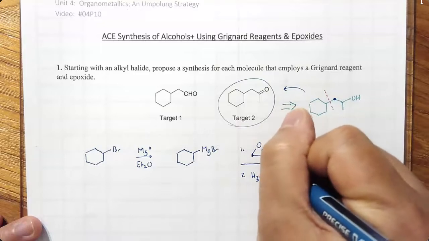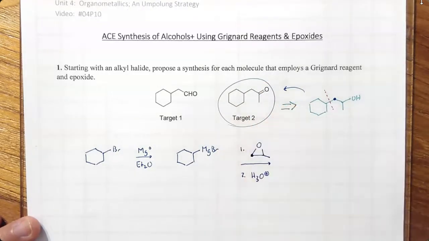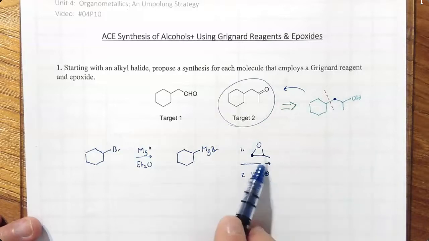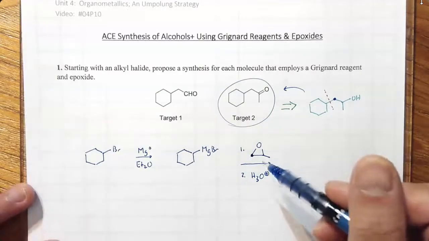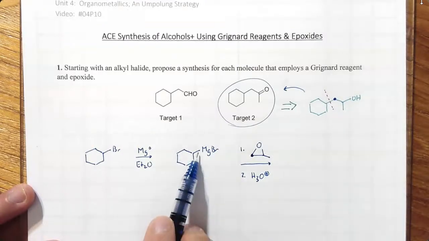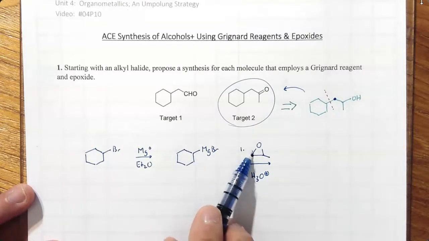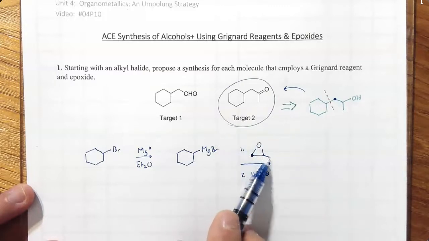Let's see if this works. What if the methyl group's there? Well, it would be the same molecule if I put the methyl group here. But let's double check if this epoxide would give me this correct product. If I attack this dot, that bond will open up, and that oxygen will be on the second to last carbon.